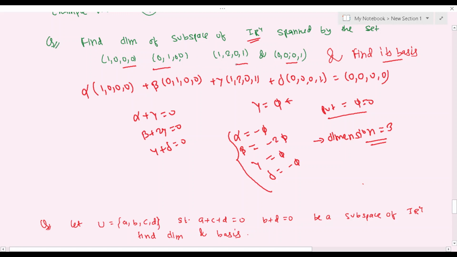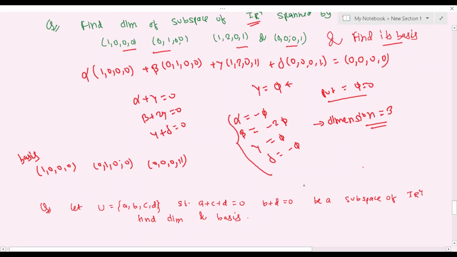You can choose any 3 of these 4 vectors, and the fourth one can easily be represented in terms of the other three. So its basis would be (1, 0, 0, 0), (0, 1, 0, 0) and (0, 0, 0, 1). Do remember one point: basis is not unique. Standard basis is unique, but basis is not unique. There may be infinitely many bases.